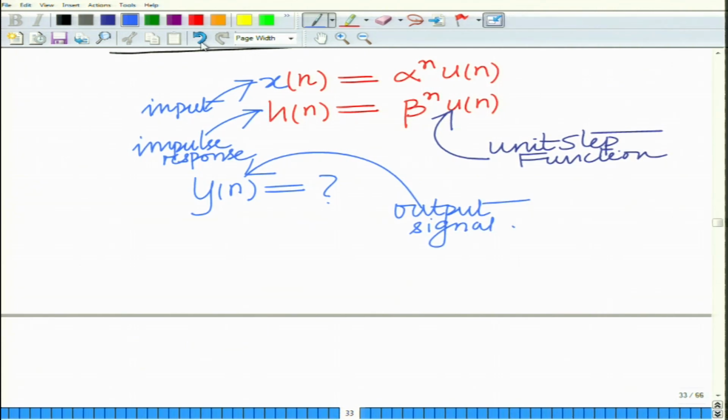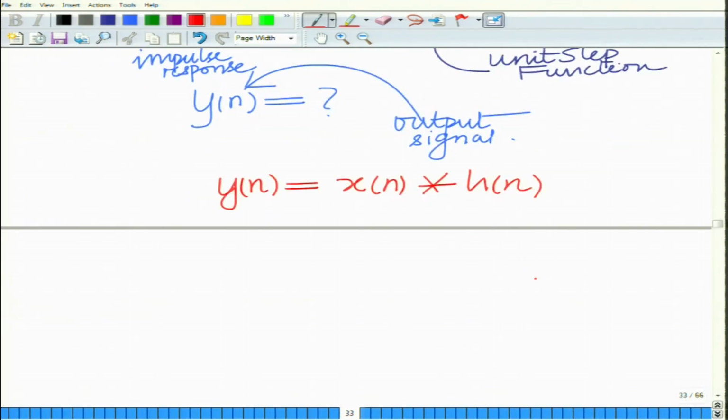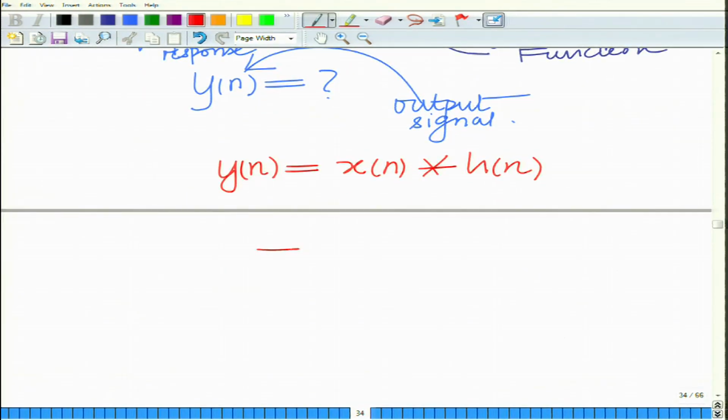What is the output signal y[n] for this system, and we know that y[n] is given by x[n] convolved with h[n], which can be expressed as the discrete sum, m equal to minus infinity to infinity, x[m] times h[n minus m].